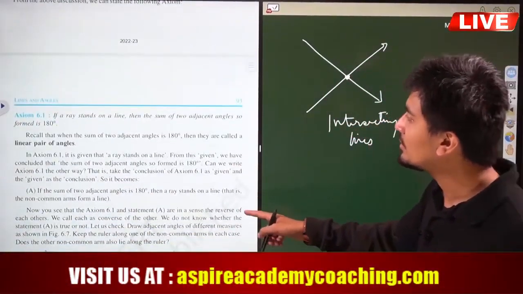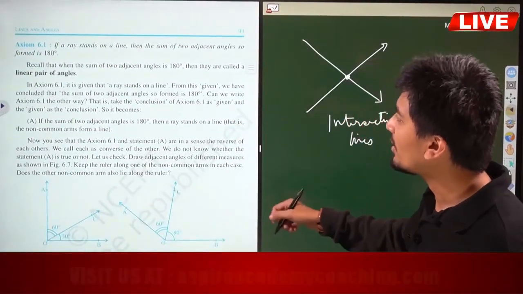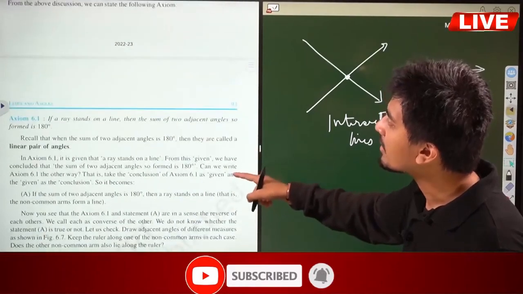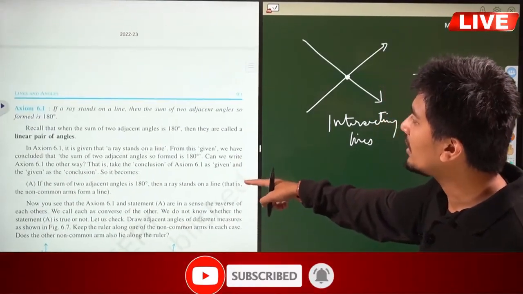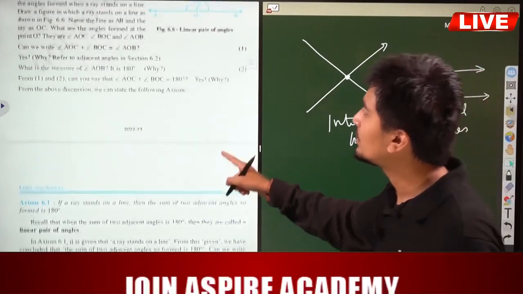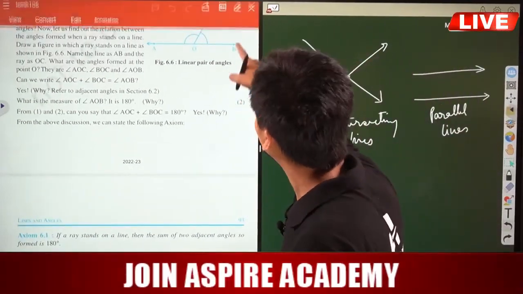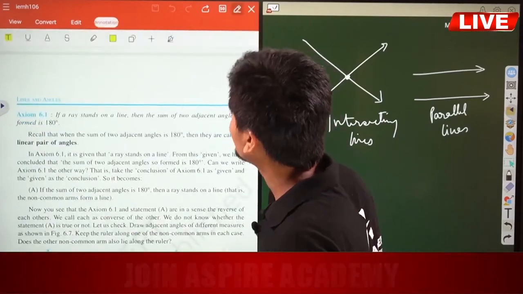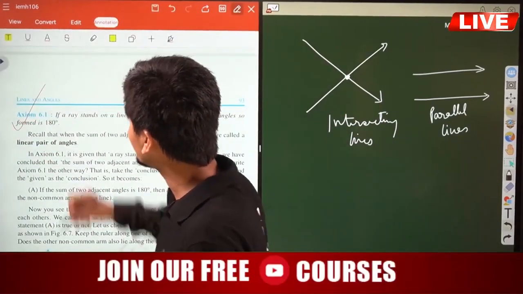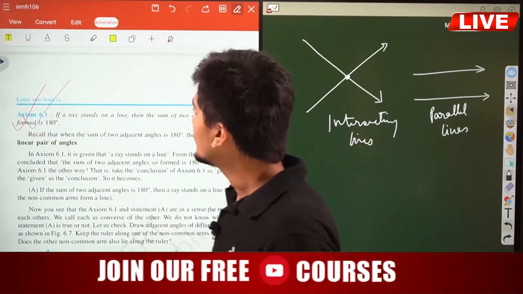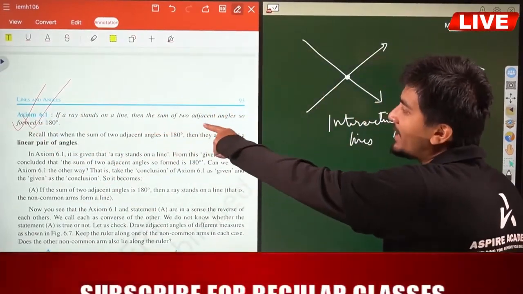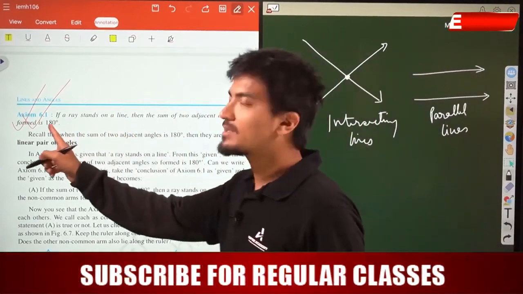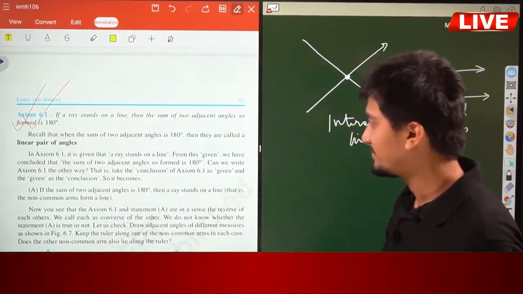Next, you need to know the pair of angles. First of all, you just need to know this Axiom 6.1. See, this is very important. If a ray stands on a line, then the sum of two adjacent angles so formed is 180 degrees.